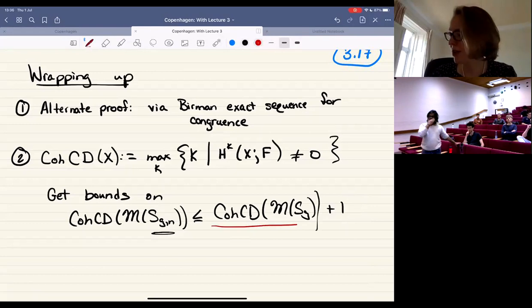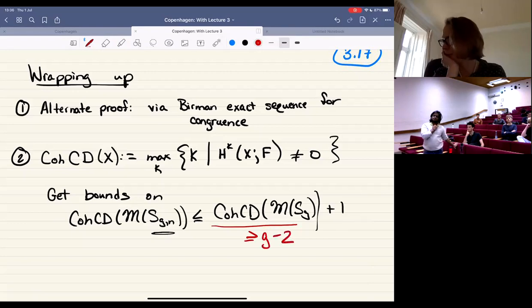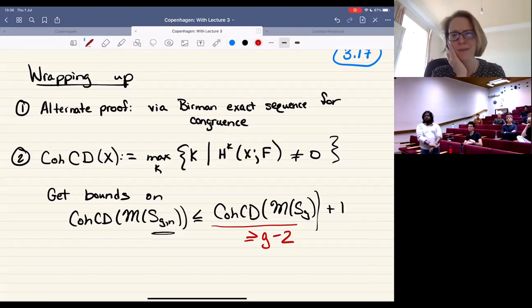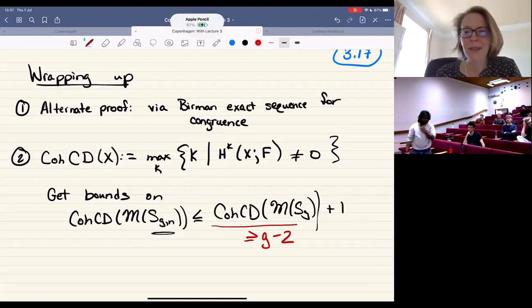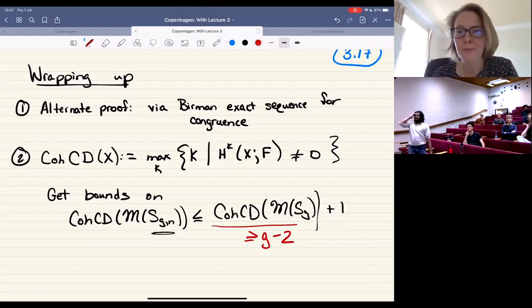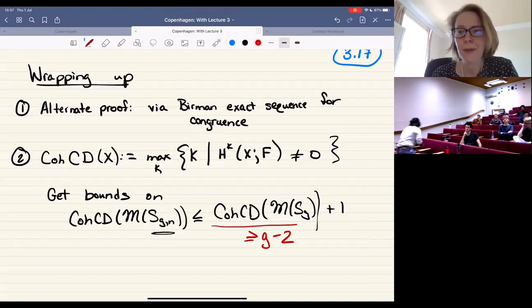So Hain's conjecture is that this is always greater than or equal to g minus 2. And it's been proved for g up to 5 by Fontanari and Pascaluti. So maybe I'll stop there, but I'd be happy to say a little bit more during the exercises, because it's a little bit involved to say where the bound comes from. Okay, thank you.